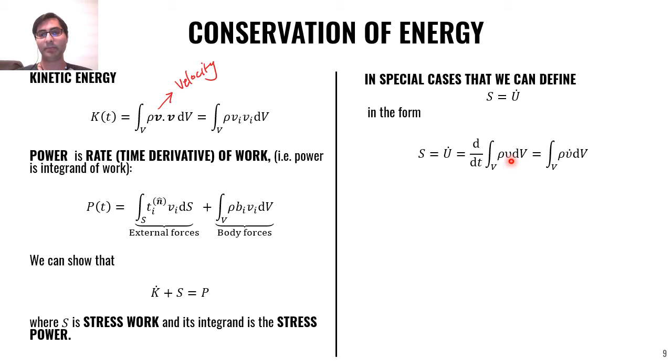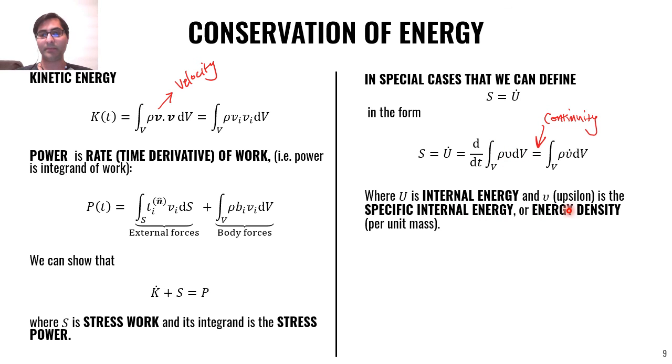And basically epsilon is a specific internal energy or energy density per unit mass. Note that we use the continuity equation to simplify this time derivative to the integral of rho epsilon dot dv. So basically in special cases, the stress work is equal to the volume integral of a specific internal energy that we show by epsilon.